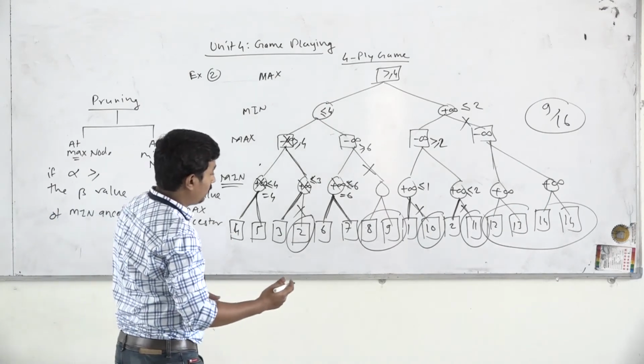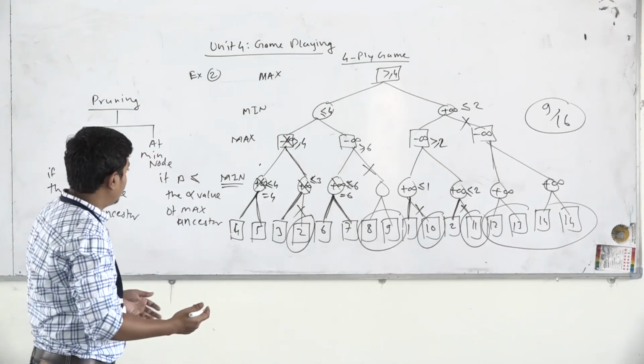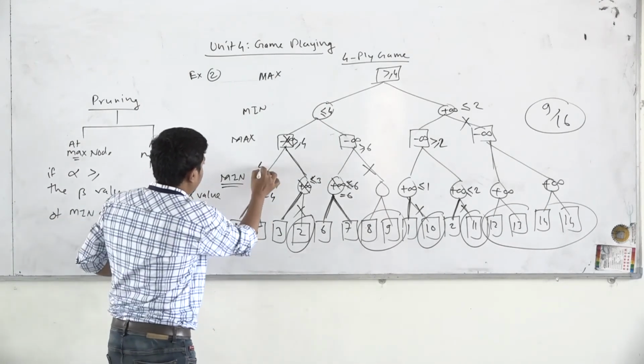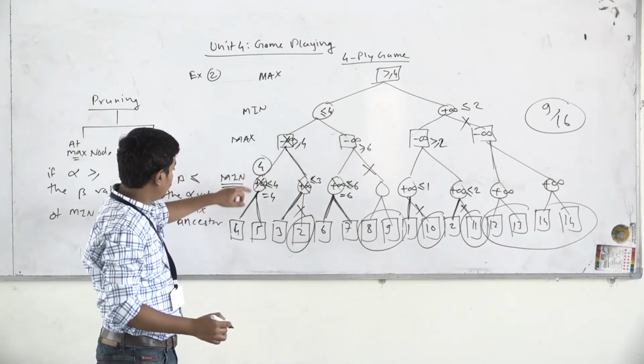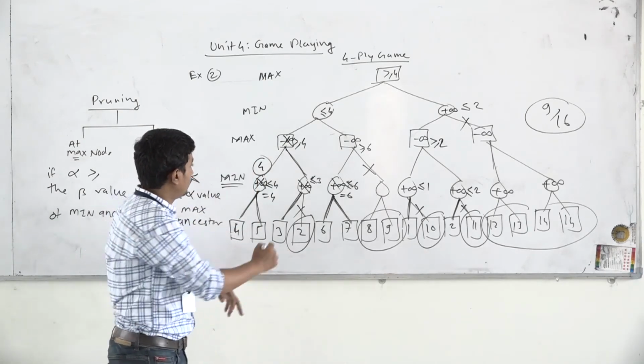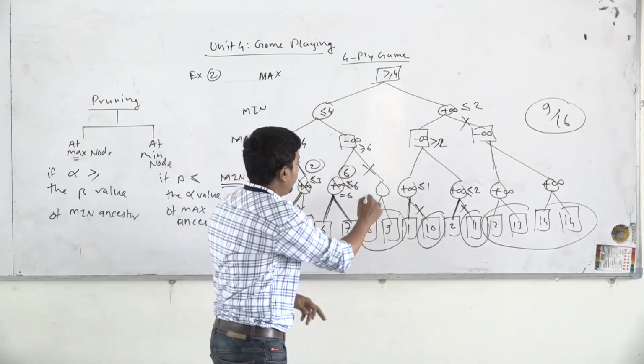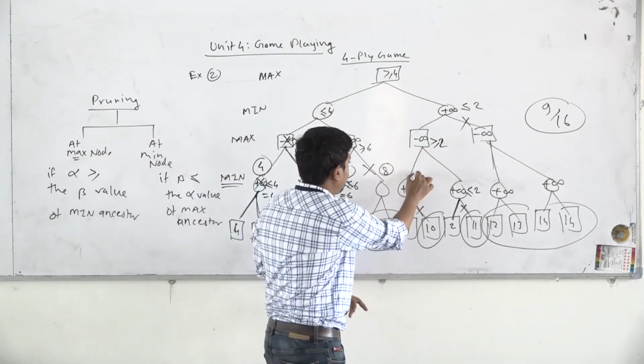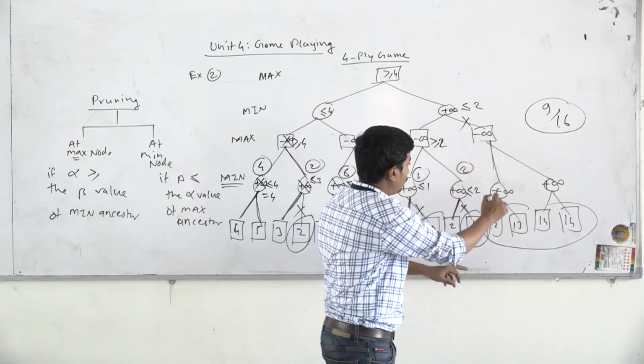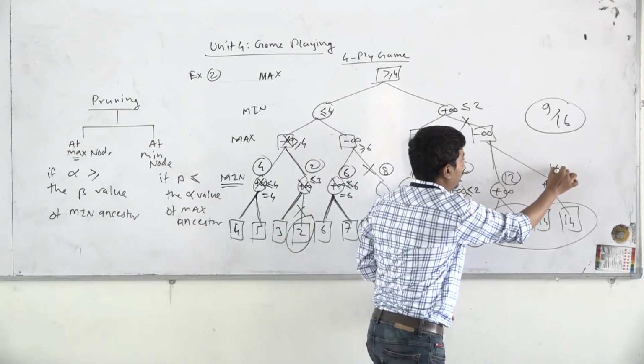I don't have a red pen now, so I will circle them. The minimum of this is 4, then 2, then 6, then 8, 1, 2, 12 and 14.